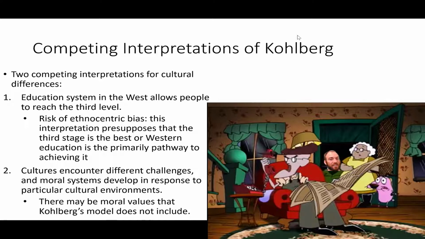The second interpretation is much more relativistic, such that cultures are seen as encountering different challenges, and so the moral systems that they develop are in response to particular cultural environments. There may be moral values that Kohlberg's model does not include.